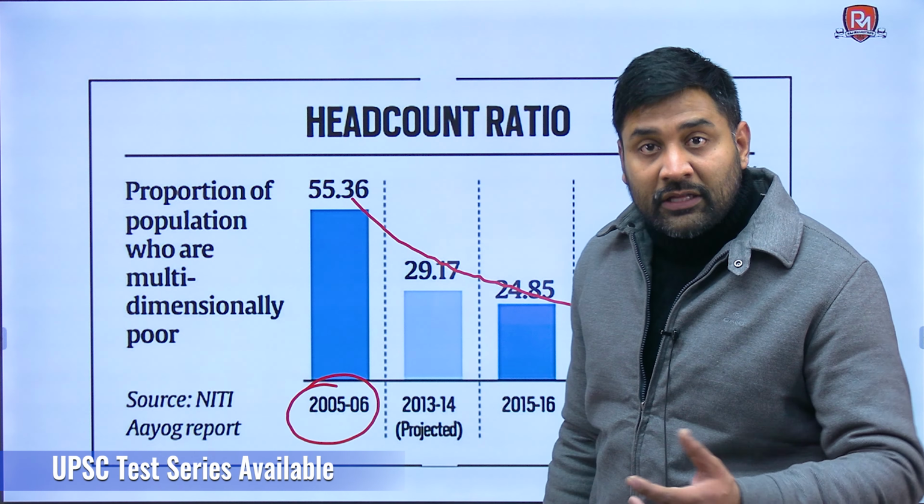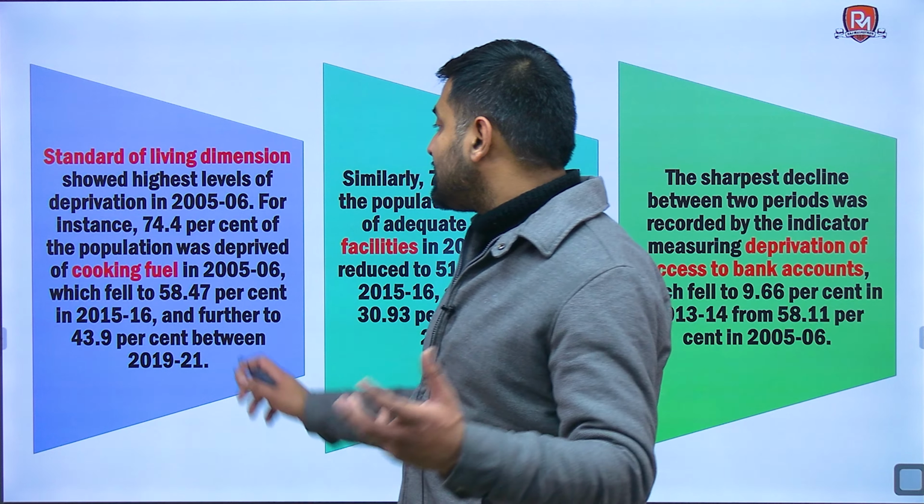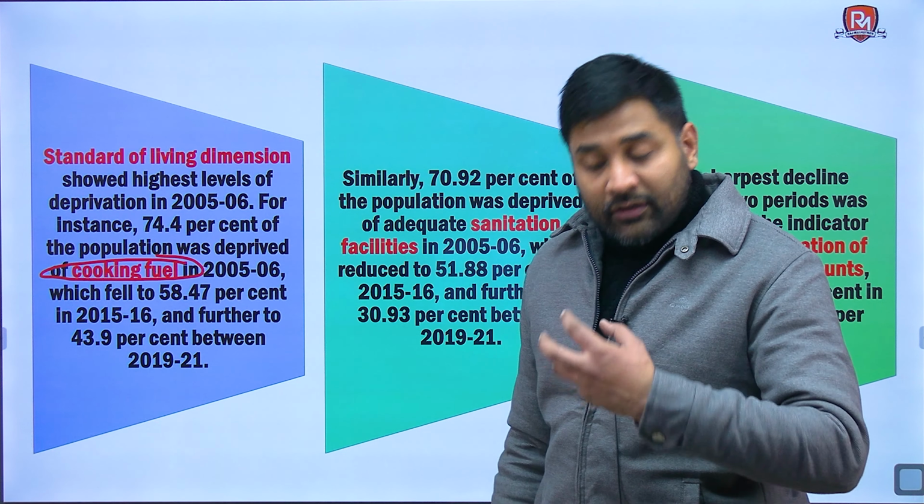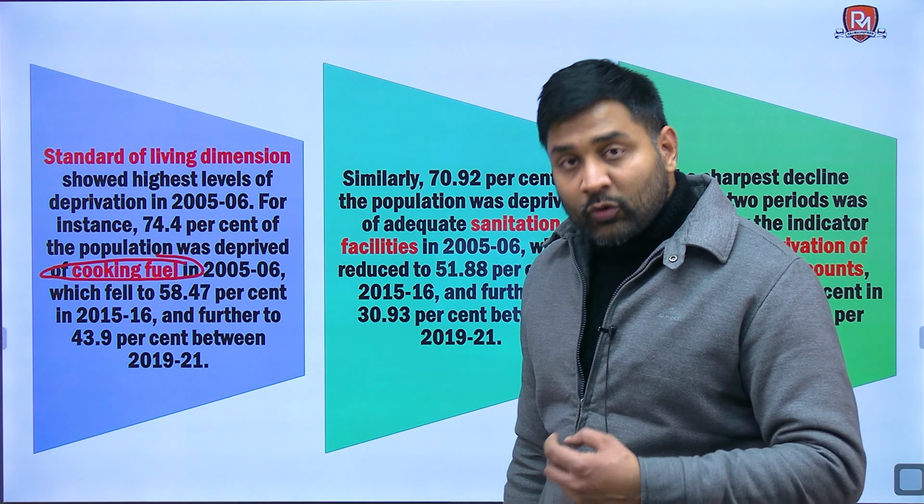Now, the next thing is, as per this report, the standard of living dimension. In the standard of living, there was one indicator, cooking fuel. Due to various initiatives taken by the central government as well as the state governments, the society has performed well on the cooking fuel indicator. Now, the majority of people have access to clean cooking fuel.